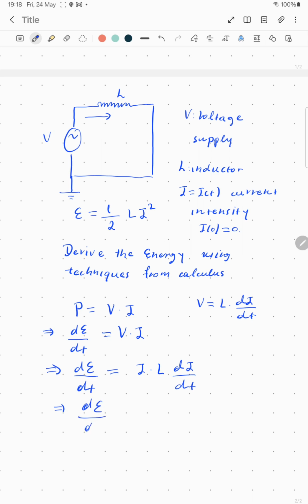We have to polish this a little bit. We will have L times I di dt, or we can write this, the derivative of energy with respect to time, as L times I prime, where I prime is the derivative of the current intensity with respect to time.